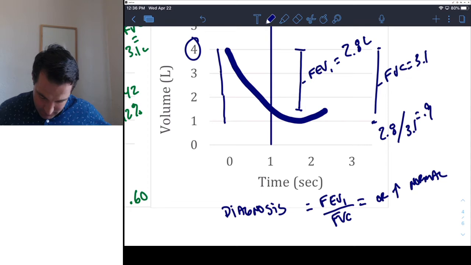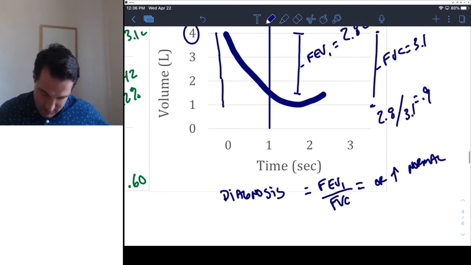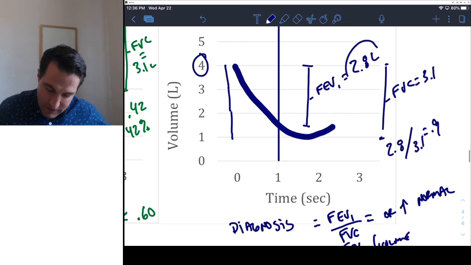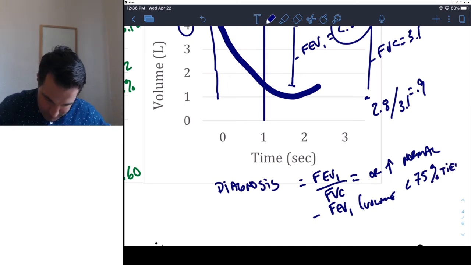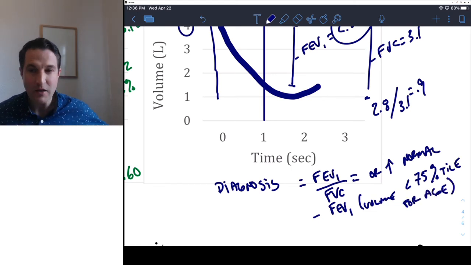But generally, one thing that you're going to see is that FEV1 volume, this 2.8 liters, is less than 75th percentile for age. So we would need one more piece of information in order to diagnose this in a person.